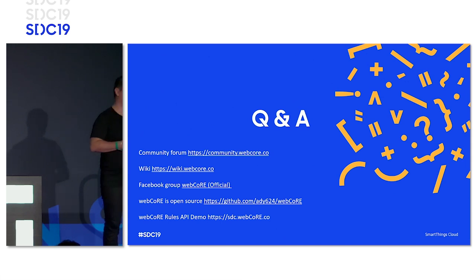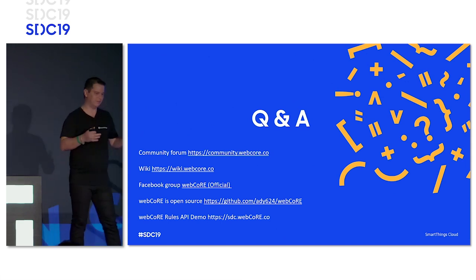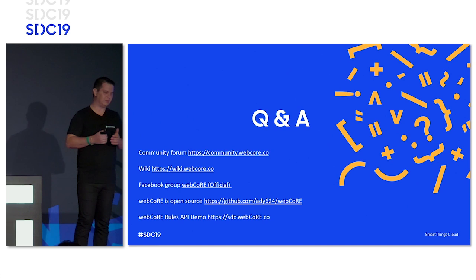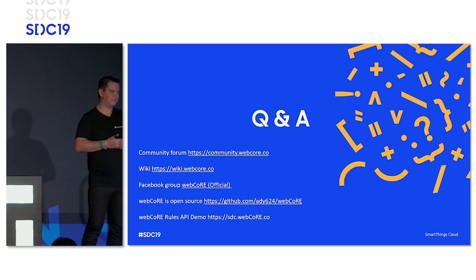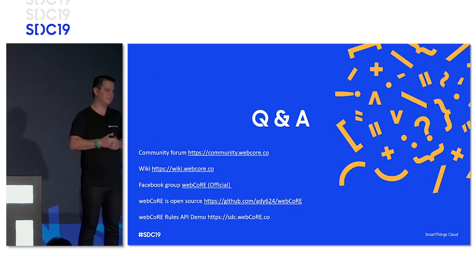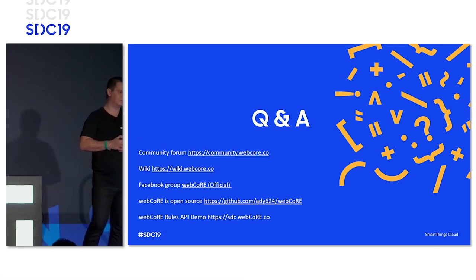I don't know. We have a path forward, but I cannot commit to a date. And as you said, it's going to be incrementally getting more powerful. WebCoRE is almost infinite in the possibilities of the things you can do, but not everything you can do in WebCoRE can be expressed in the current rules.